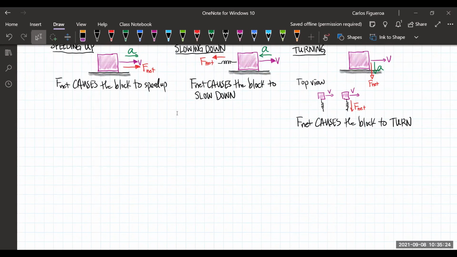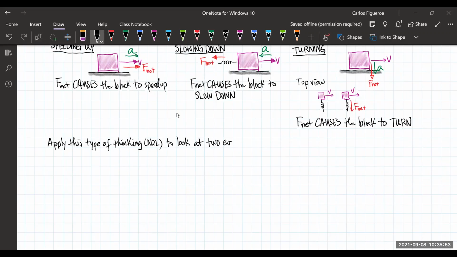So what I want to do now is show you where we're going. What we want to do here is apply this type of thinking, and this is what I call N2L thinking, to look at two everyday situations.